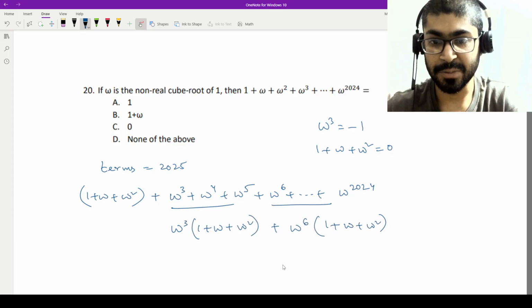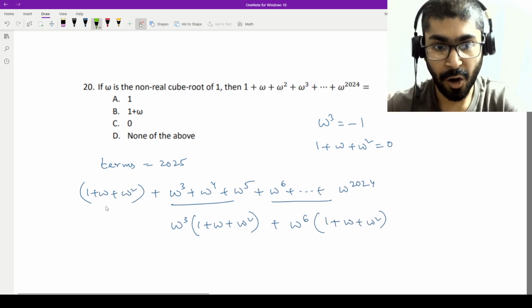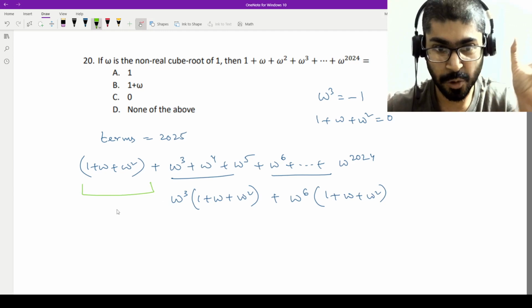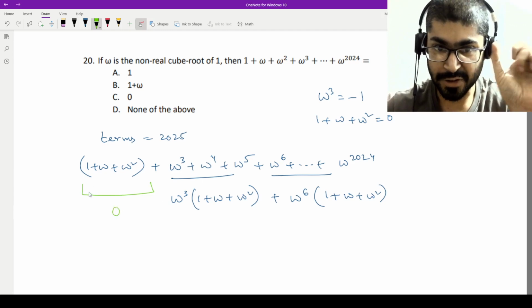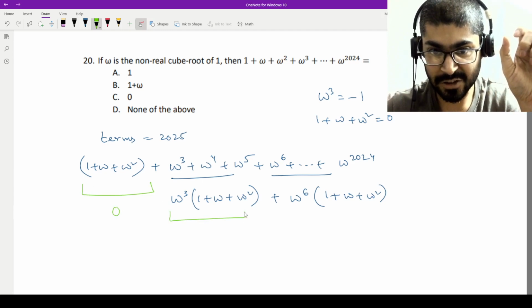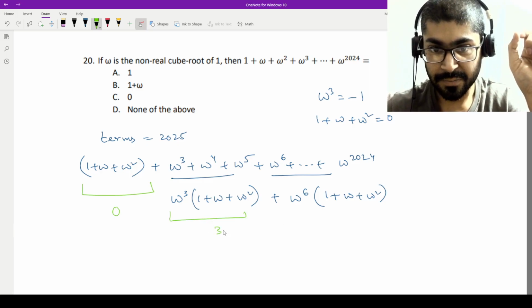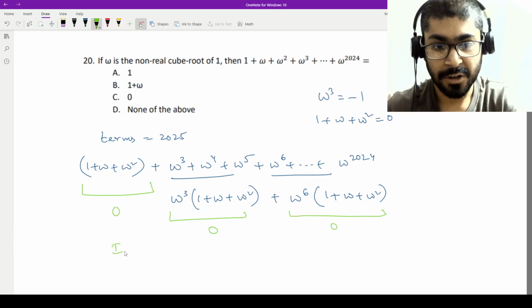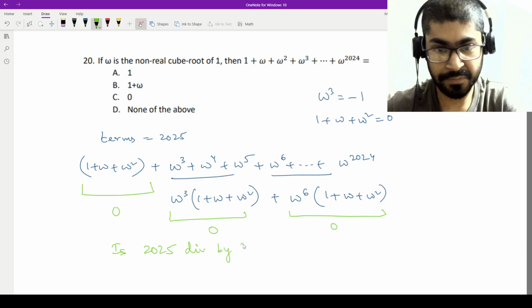So what do we observe? We observe that all triplets, like 3 terms together, give you 0. The first 3 terms give you 0, the next 3 terms give you 0, the 3 terms after that would give you 0. So is 2025 divisible by 3?